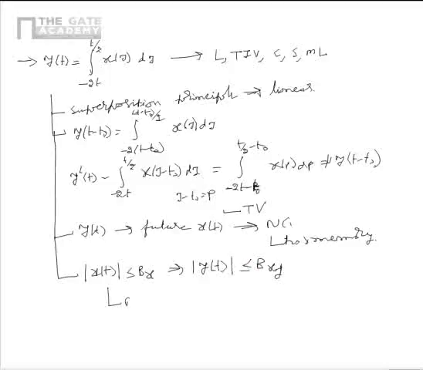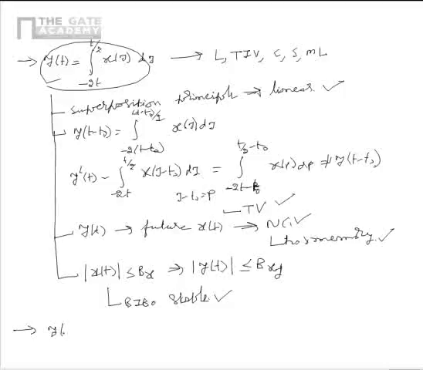From this, we see that the system is stable in the BIBO sense. Now, we can see that the given system is linear, time variant, non-causal, has memory, and is BIBO stable.